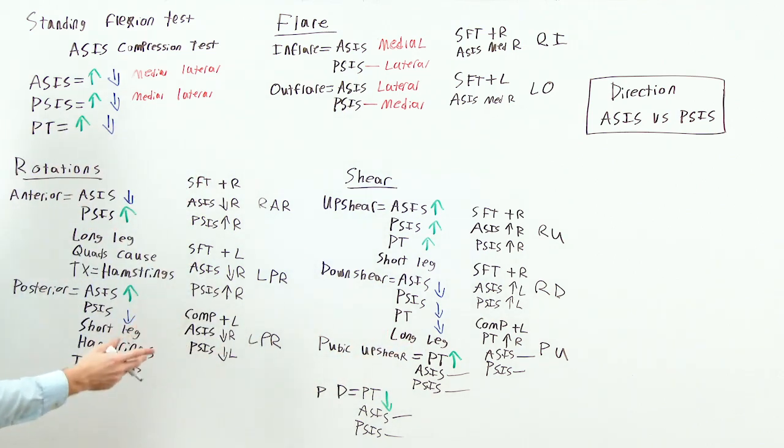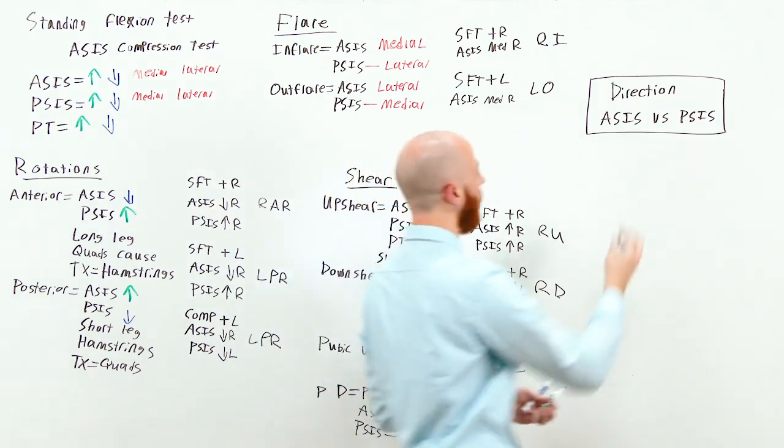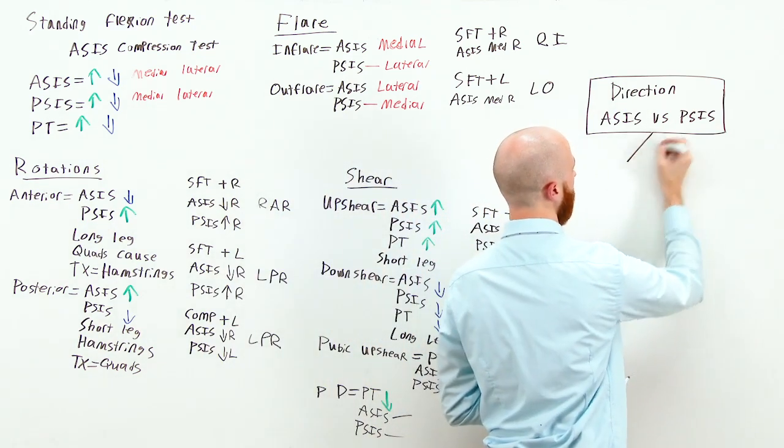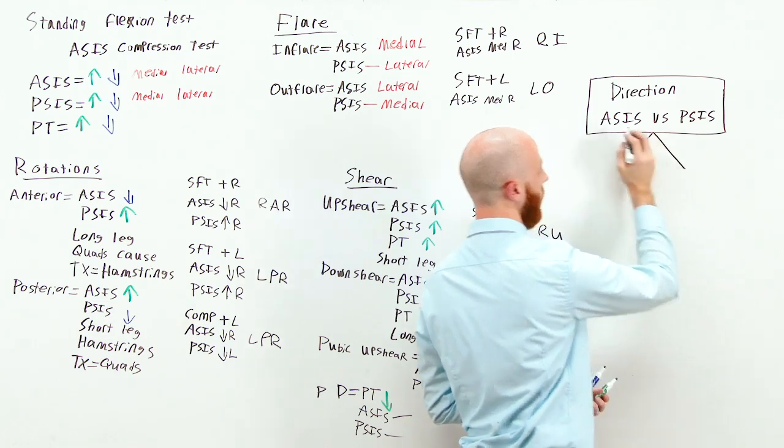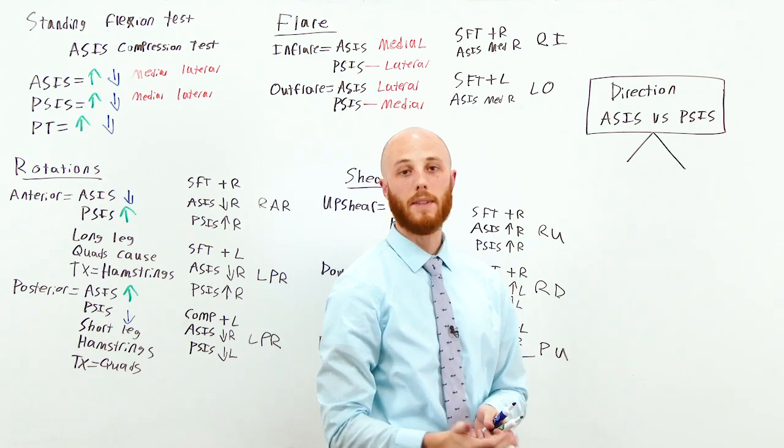If you have a rotation that's anterior, the ASIS and PSIS are both located on the same side but pointing in opposite directions. For a posterior rotation, the ASIS and PSIS are pointing in different directions but on the same side. So if we're going to use that for our flow chart, you're going to assess which direction the ASIS and PSIS are both pointing on the same side.